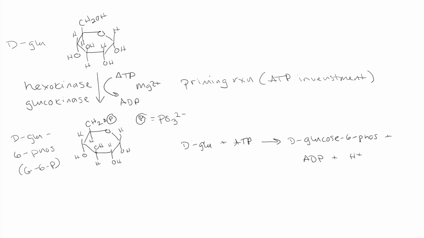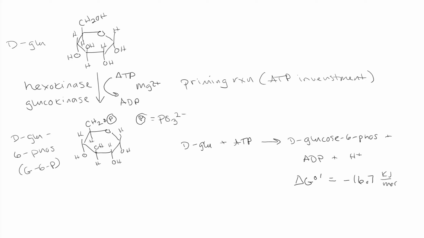The hydrolysis of ATP, remember, is worth 30.5 kilojoules per mole, which has become available for this reaction. And the phosphorylation of glucose costs 13.8 kilojoules per mole. So when you couple these, you have a net negative 16.7 kilojoules per mole, which is a favorable coupled reaction.